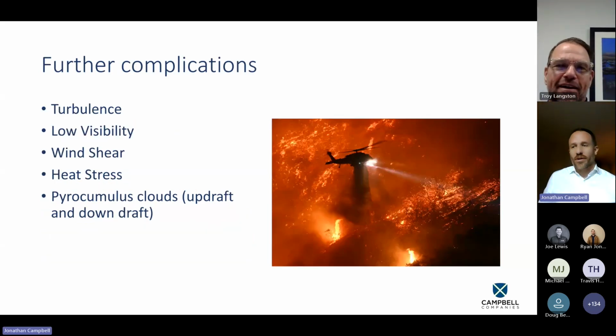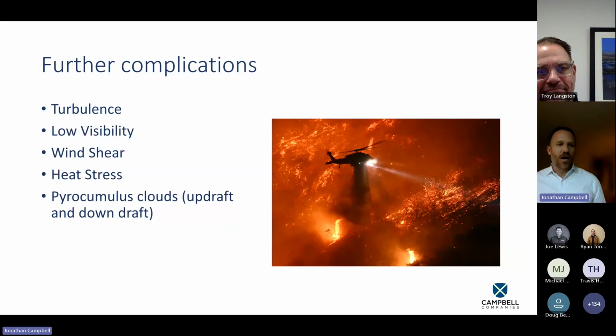Then there are additional complications with the aircraft. Like I said, once a fire passes the 10,000 kilowatt per meter mark, or I guess 2,000, you need aircraft and dozers. But a fire that size gets really hard to fly in. You have turbulence, low visibility, wind shear, and heat stress. It creates its own weather system, called a pyrocumulus cloud, with updrafts and downdrafts, so pilots are trying to fly in really dangerous conditions.